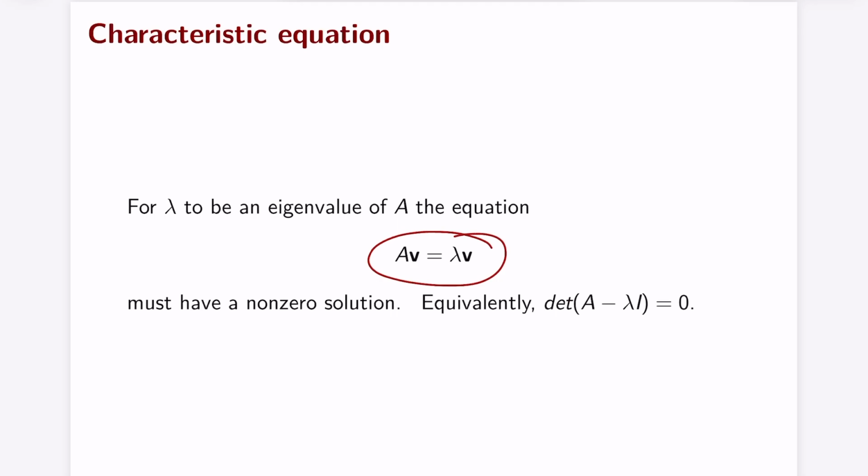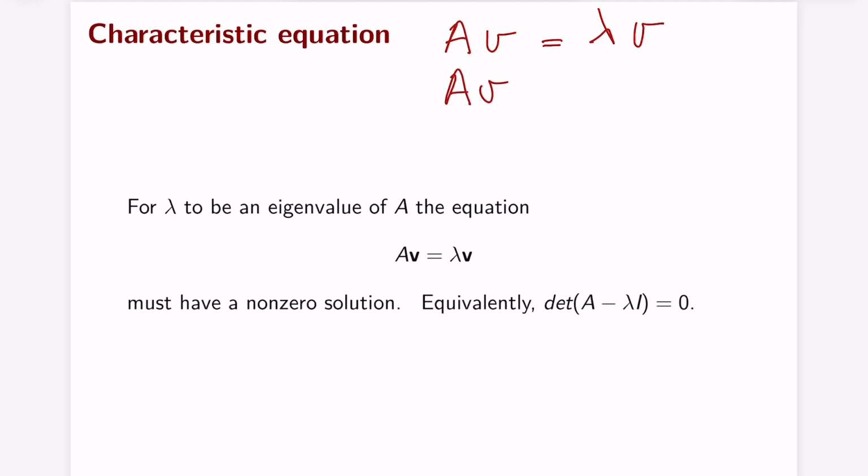And so we know when a system has or doesn't have solution 0 or non-zero. We can write this as a single one by putting everything on one side. We can say that this equation AV equal lambda V can be written as AV minus lambda V equal the vector 0.